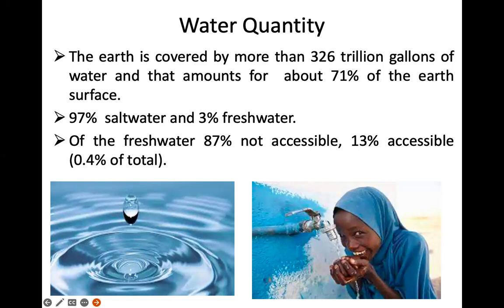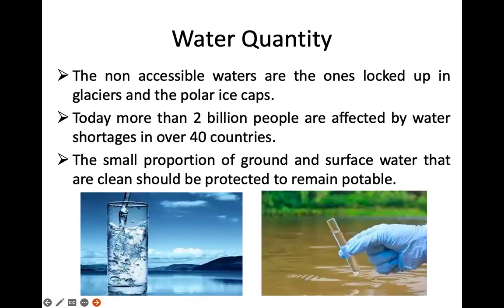But out of this 3%, the majority is not even accessible as it is locked up in aquifers, icebergs, and other glacier-related areas, leaving us with only 0.4% available for consumption. So even in spite of all the water that we have, less than 1% is available and accessible for drinking. It means measures must be put in place to make sure that this water is not polluted, and that the water we drink is of high quality.